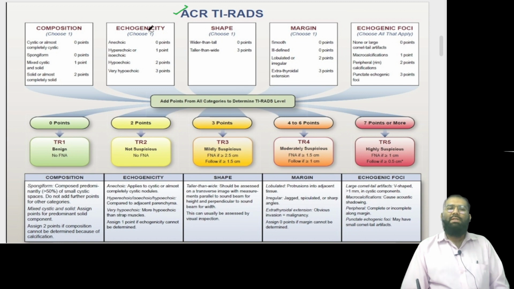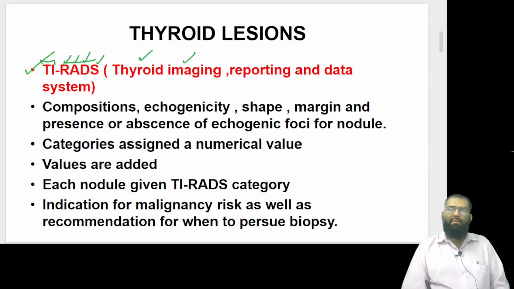So you have these five. Let us come back to our previous slide. You look for composition, echogenicity, the shape of the lesion, the margin of the lesion, and the presence or absence of echogenic foci in any nodule.